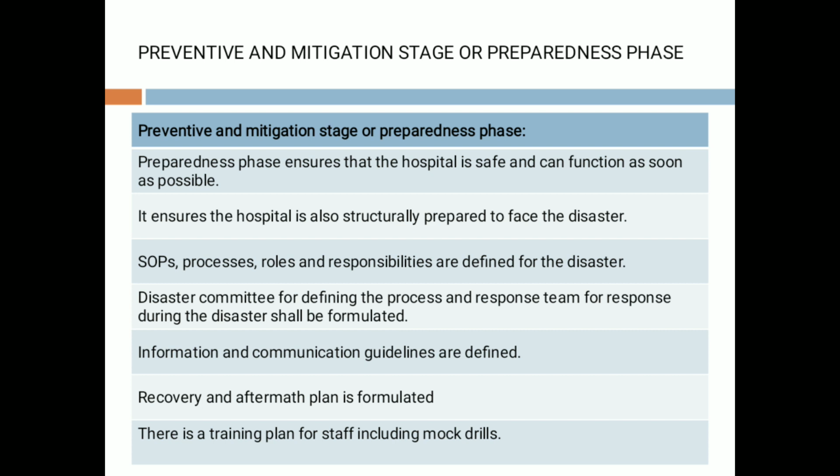Disaster committee for defining the process and response team for response during the disaster shall be formulated. Information and communication guidelines are defined. Recovery and aftermath plan is formulated. There is a training plan for staff including mock drills.